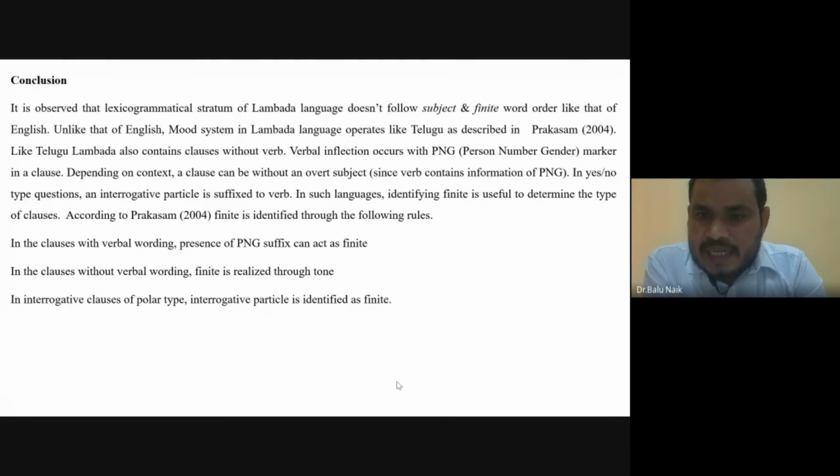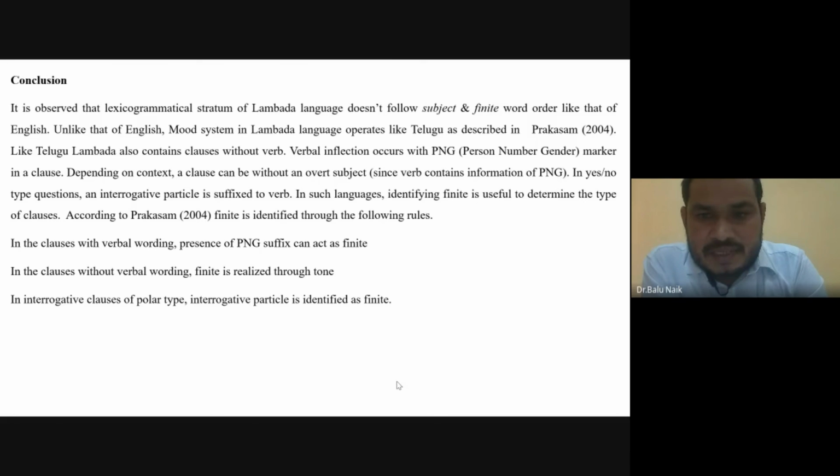Verbal inflection occurs with the PNG, person, number, gender marker in a class. Depending on context, a class can be without an overt subject, since the verb plus PNG contains the information. In yes or no type questions, the interrogative particle is suffixed to the verb.